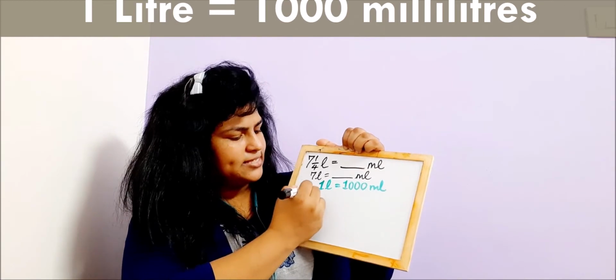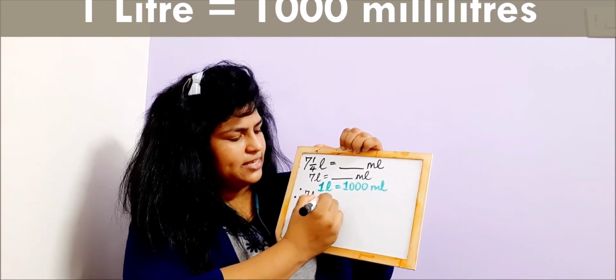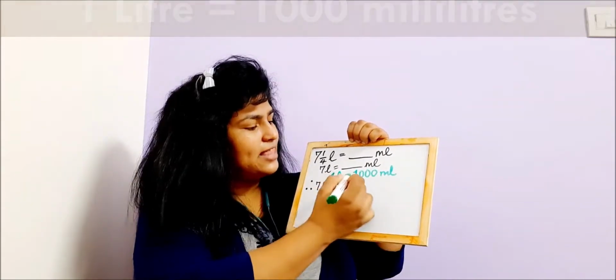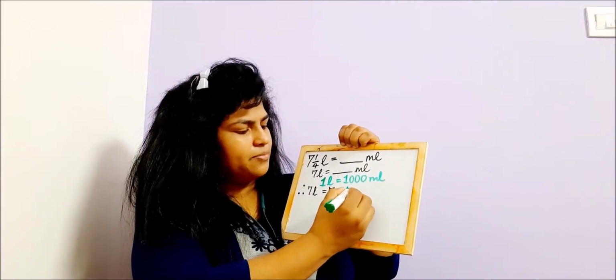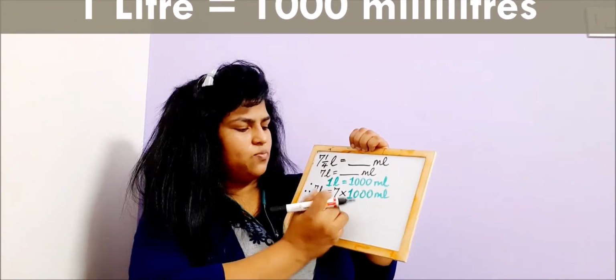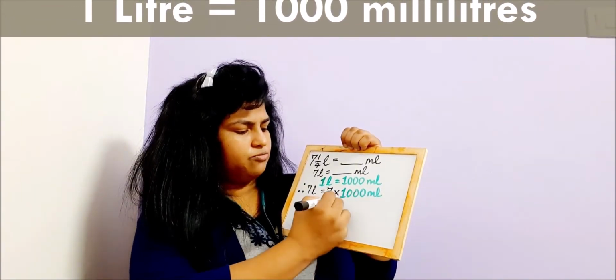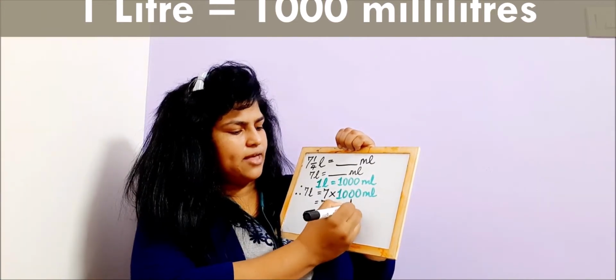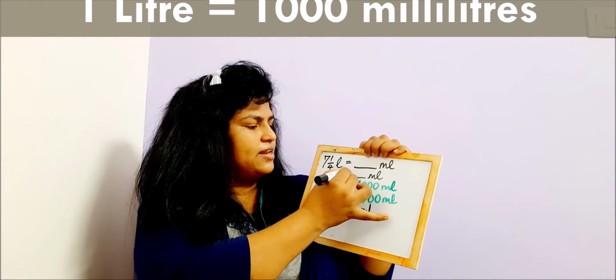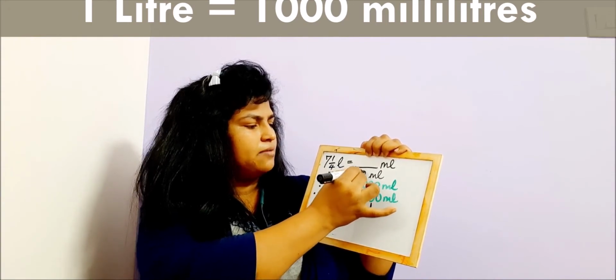Therefore, 7 liters is equal to 7 multiplied by 1000 milliliters. 7 ones are 7 and put the 3 zeros and the ml too. So we got the answer 7000 milliliters. So 7 liters is 7000 milliliters.